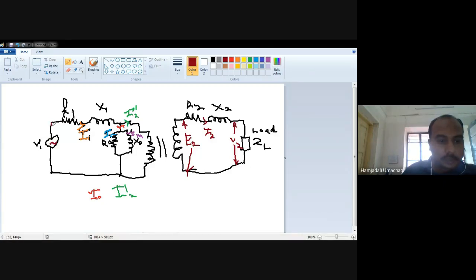So here V1 is the primary exciting voltage, R1 is the primary resistance of the transformer, X1 is the primary reactance of the transformer. Then here you will be finding induced voltage E1. V1 is the primary exciting voltage, primary resistance R1, primary reactance X1.